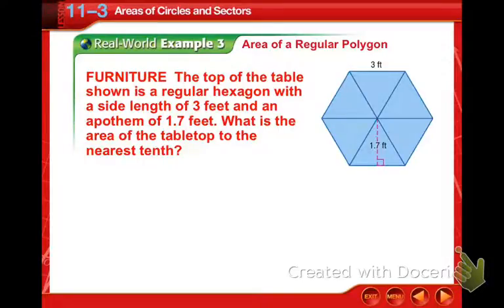The way we know that is that 360 divided by 6 is 60. So that's the central angle, and the other two angles split those angles they're coming from in half.